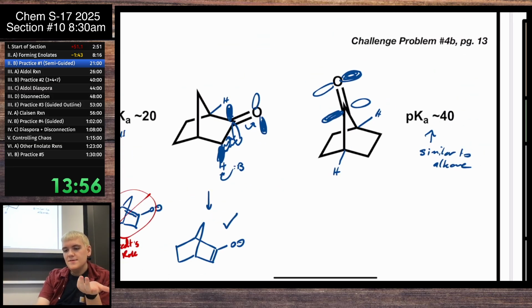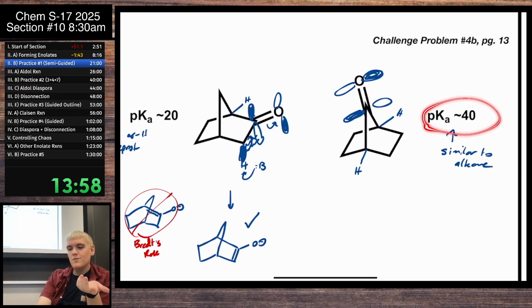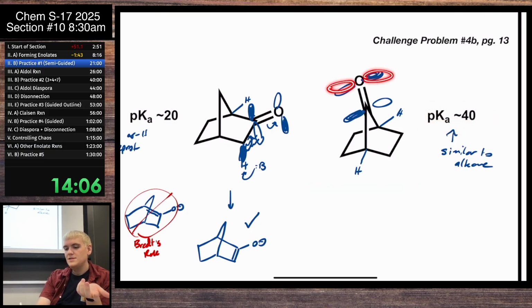And then it seems, obviously, with the pK being 40, that we're not going to have a good overlap over here. We're not going to be able to do it. And the way to think about this is here, imagine these are left and right in the plane. This hydrogen is coming out towards you. So it's like almost perpendicular to the pi bond, so there's no overlap here. And then also it would violate Bredt's rule, so a double whammy.